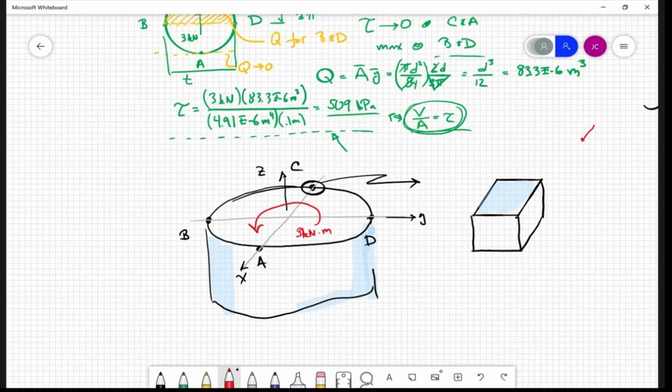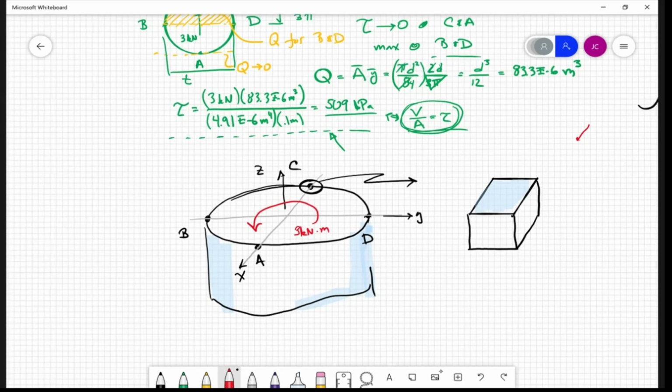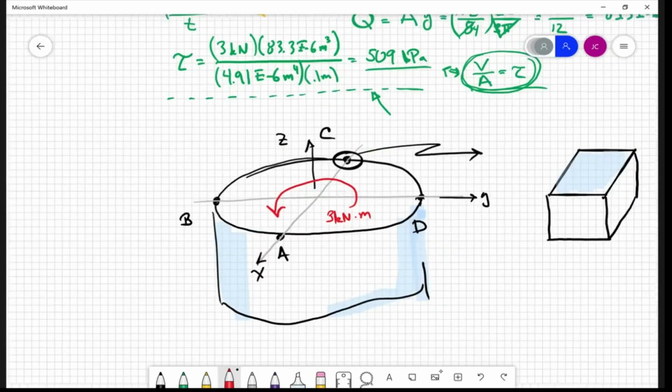At point A, it's going to act in the positive Y, and at D, it's going to act in the positive X, right? So it's going to act this way at point C, this way on that top surface at point B, this way here, and then this way here. Does that make sense? Right?